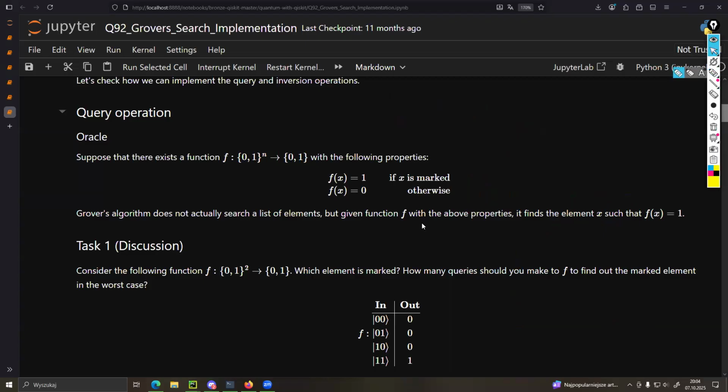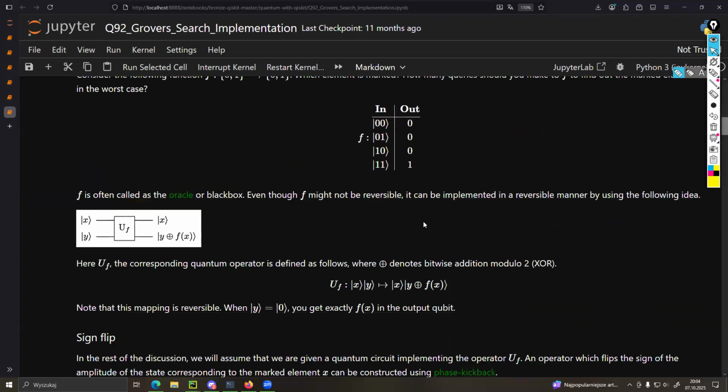So how do we do that? Well, we could say that the oracle is a black box, so we could be given this state from someone, because let's say someone designs an algorithm and we just apply it, right? Designs an algorithm for the oracle to search through this space for us.